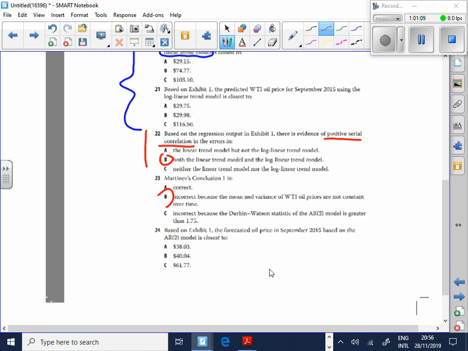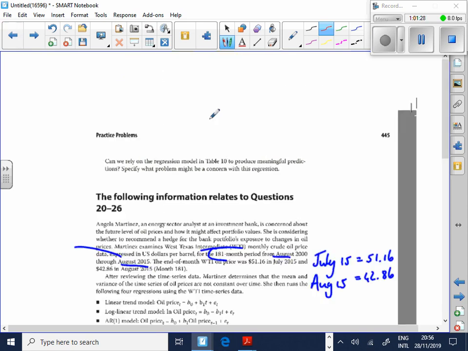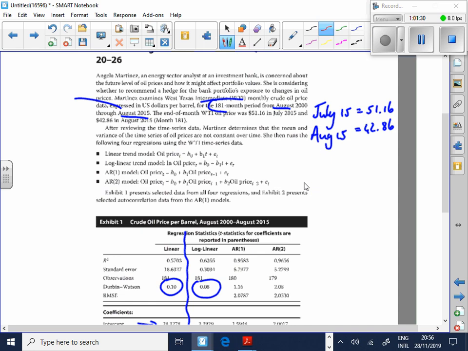24. Based on Exhibit 1, the forecasted oil price in September, based on the AR2 model, is closest to... Now let's go back and have a look at what this AR2 model is over here.